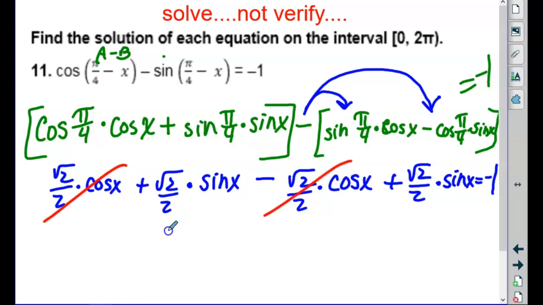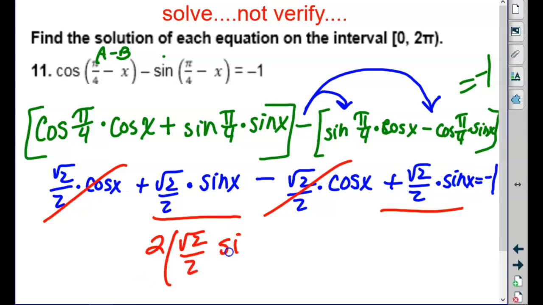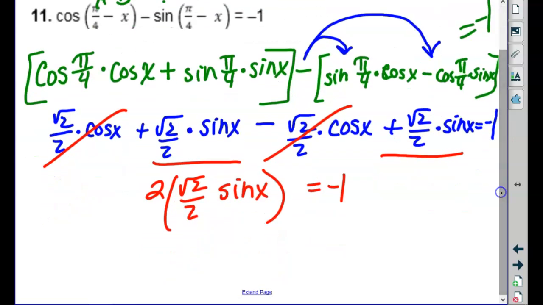Those are subtracted. What can we do with these two? Add them together. What is blah sine of x plus another blah sine of x? 2 blah sine of x. So what happens when I multiply that blah by 2? Doesn't that cancel out right there? Because it's all multiplication. So I have square root of 2 sine of x equals -1.